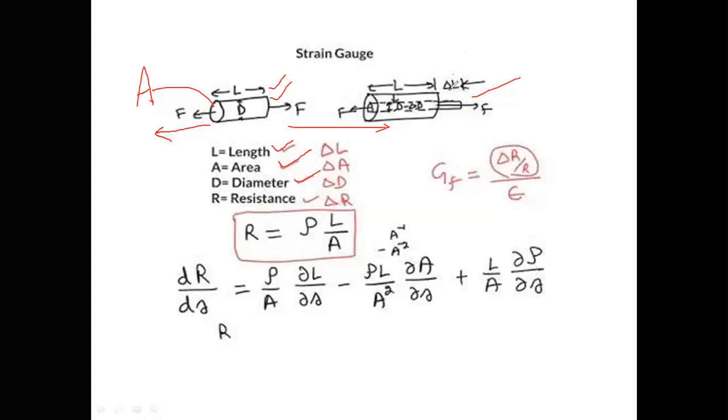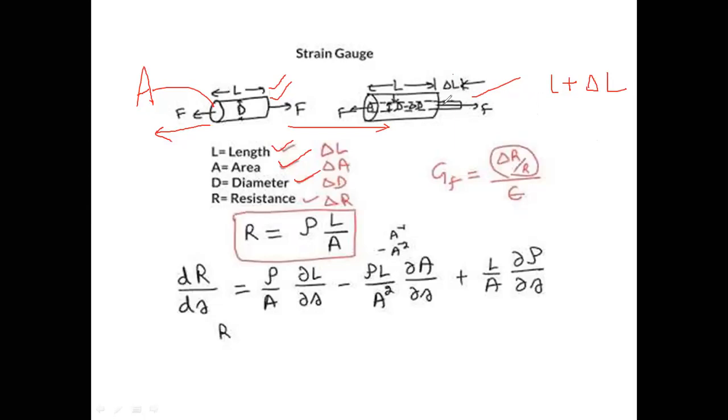Since length is increasing, let us suppose delta L is the increment to its original value. So total length will become L plus delta L. And diameter is decreasing here.